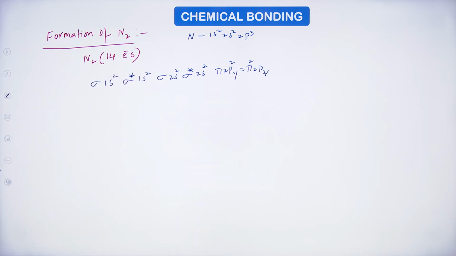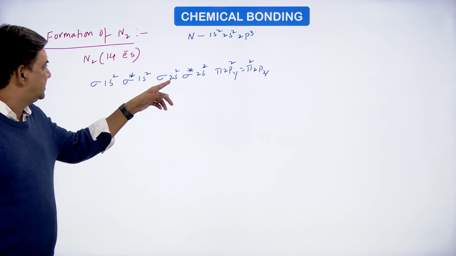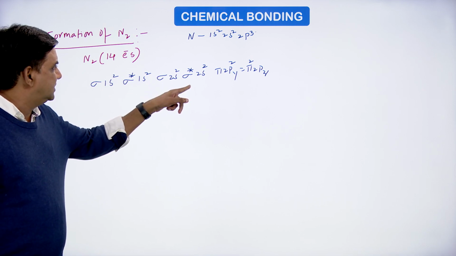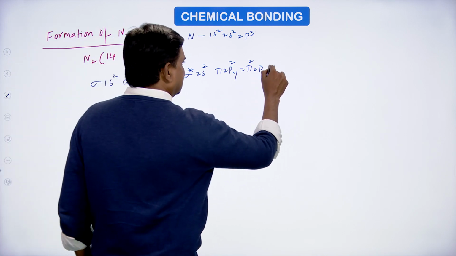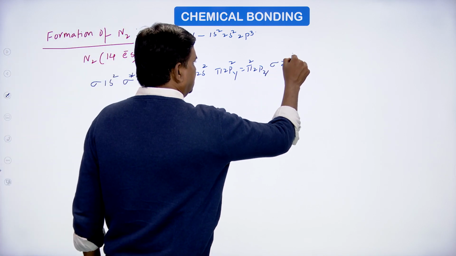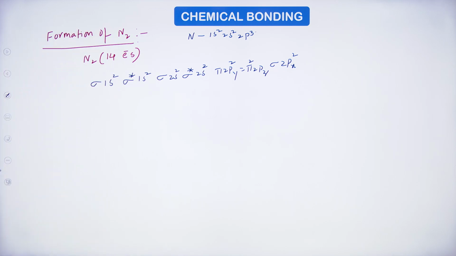Total how much, students? 2, 4, 6, 8, 10, 12, and sigma 2px2. These are the electrons.